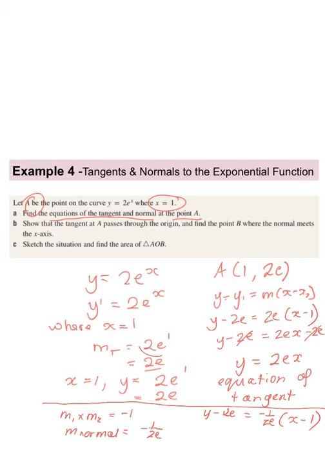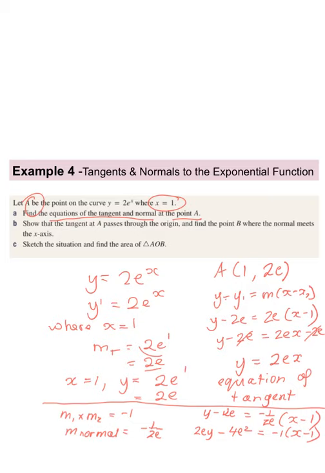Let's take this -2e that's on the denominator over here and multiply that to the other side of our equation. So we end up with 2e times y minus 2e times 2e becomes 4e squared equals -1 times x minus 1.